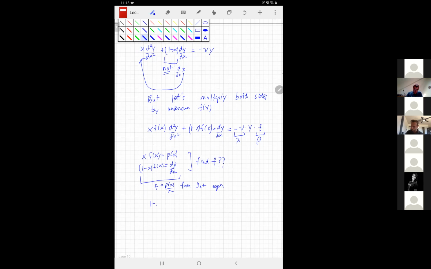So we get 1 minus x over x P of x equals dP dx, or dP over P equals dx over x times 1 minus x. And if you solve for all of that, you get that P is x e to the minus x, and f is just e to the minus x.